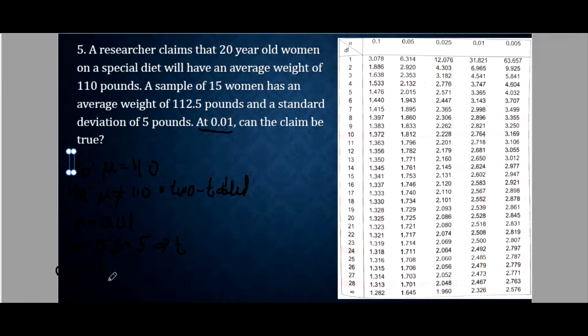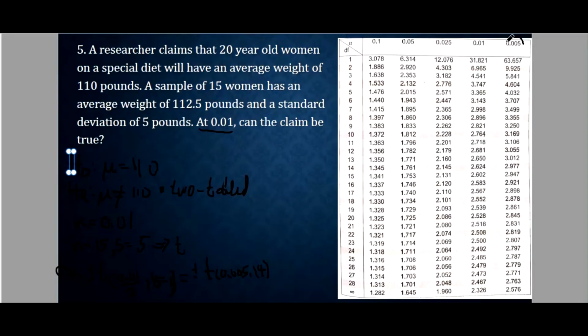So therefore, the critical values here are the plus and minus t sub alpha over 2, with degrees of freedom 15 minus 1. What is our alpha? So 0.01 over 2, comma, the degrees of freedom is 15 minus 1. Which is equal to plus and minus t sub 0.005, 14, since 0.01 divided by 2 is 0.005 and 15 minus 1 is 14.